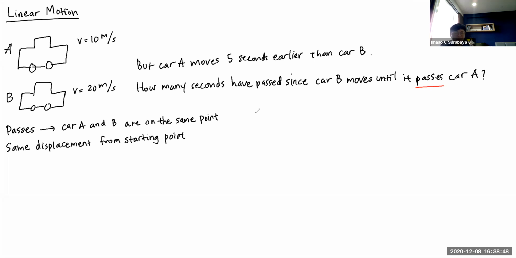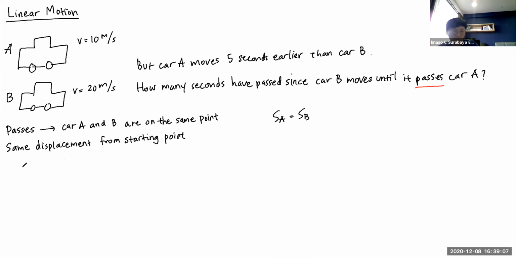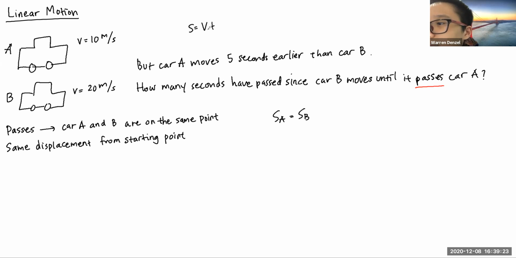So in this case, I can write SA is equal to SB, right? Because they are the same. And how to calculate the displacement of car A? What is the formula for displacement? S equals to Vt.